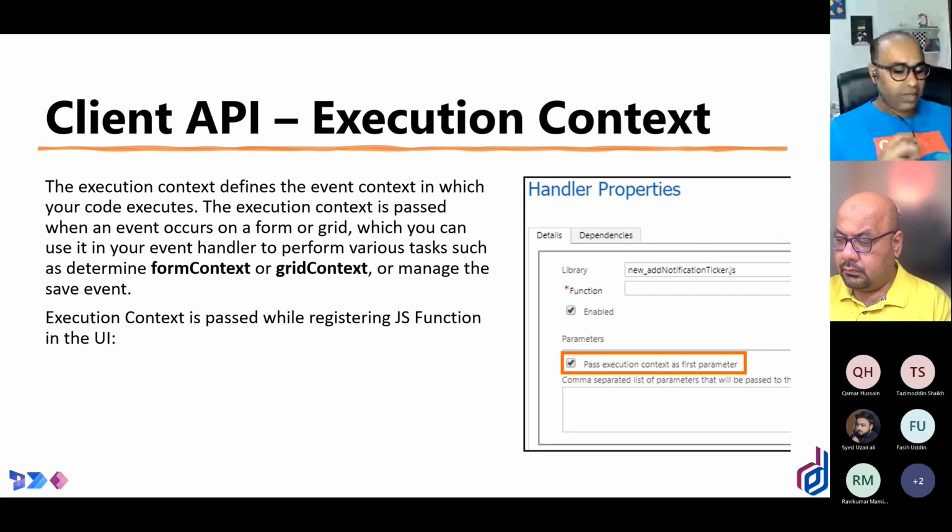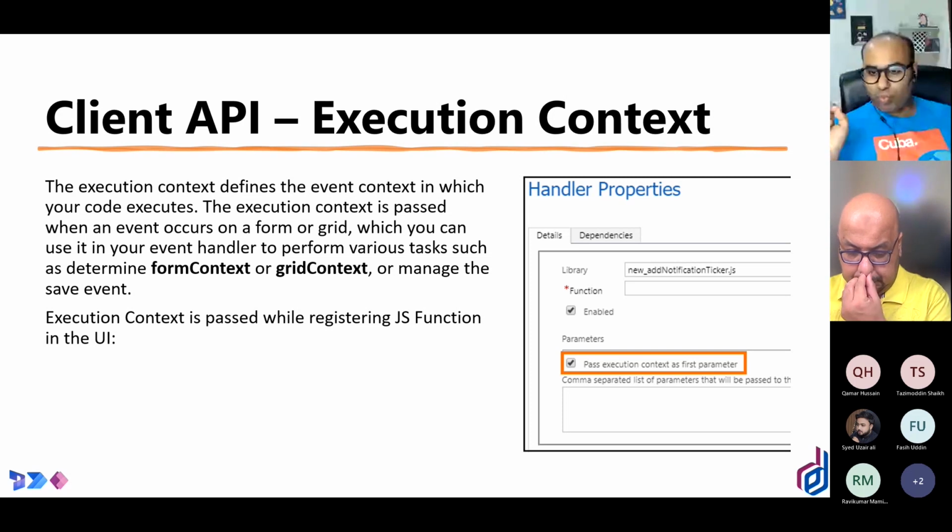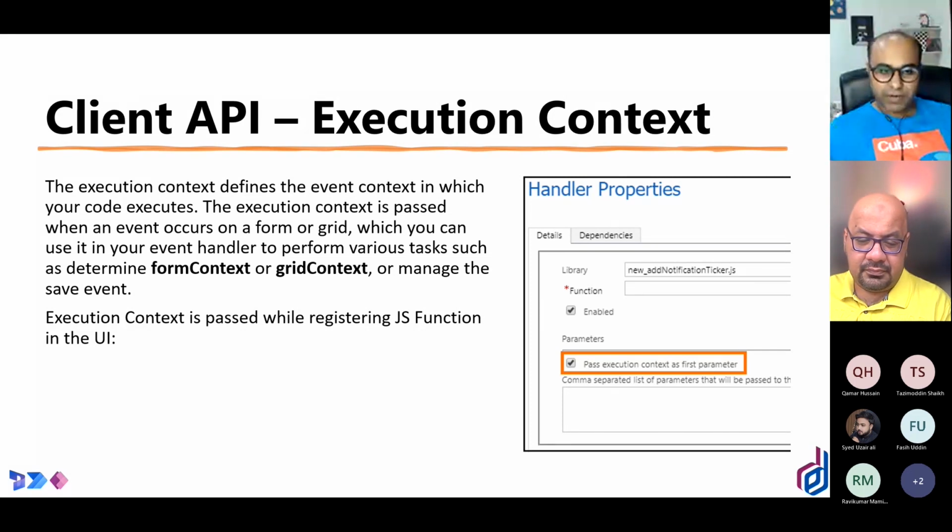So we go to that field, we say our function is available in this library, this is the function name, and please, as I have highlighted under this orange box, we say pass execution context as first parameter. This means in our function the first parameter will be the execution context, and from that we can get the form context and play with the actual form. Okay.